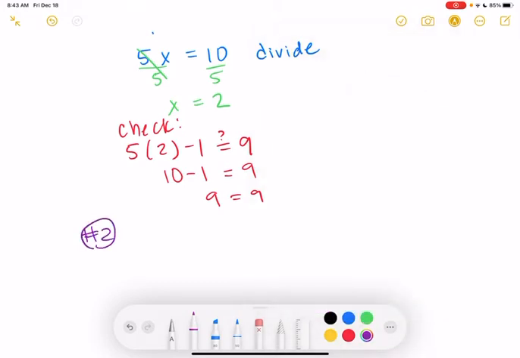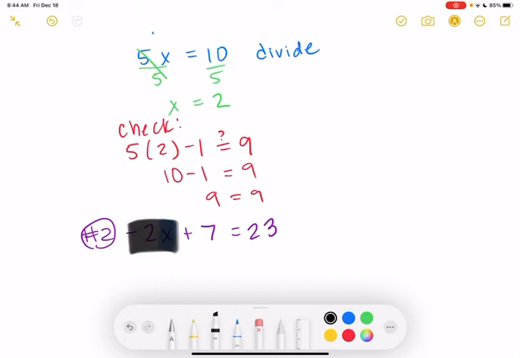For number 2, I have negative 2x plus 7 equals 23. Okay, so here's the x. And we want to figure out what we are going to do first. So just pretend like everything with the x isn't here right now. What we have left over is that plus 7.